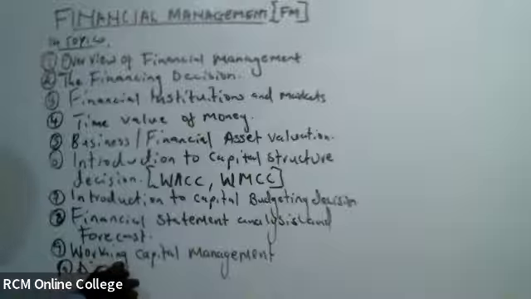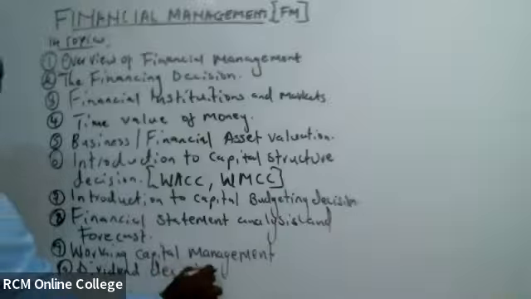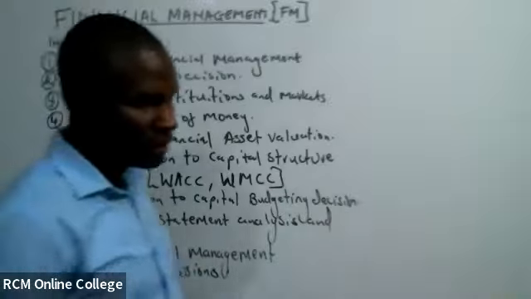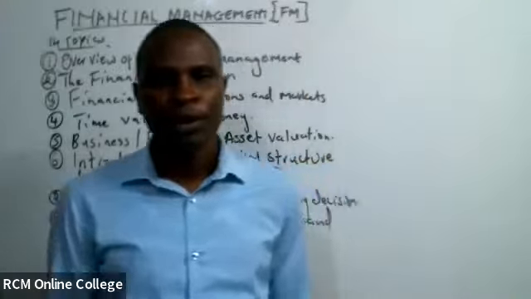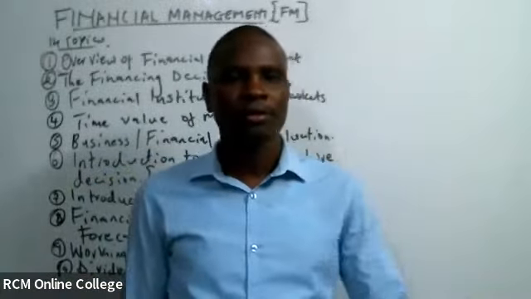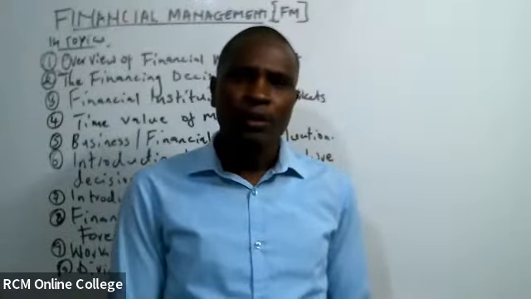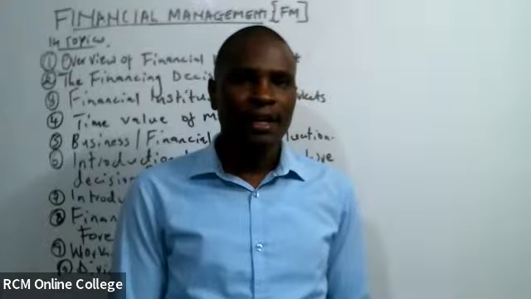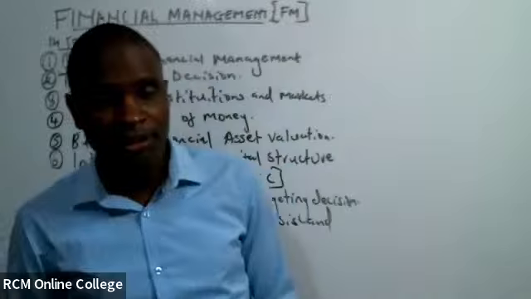Dividend decisions. That is a topic by its own. Dividend decision. Yes, you're in a circle. Every year you receive some dividend from that circle. Now, we say that dividends are derived from retained earnings. What does that tell you?